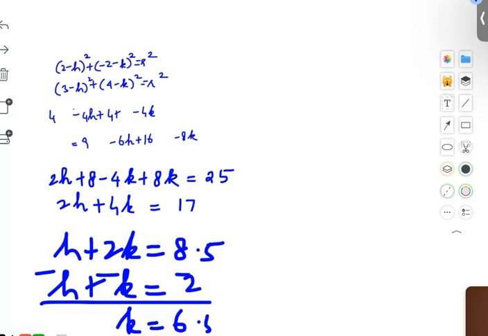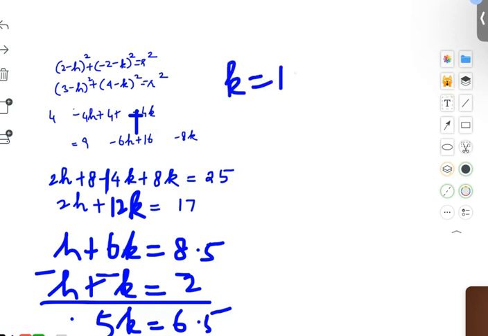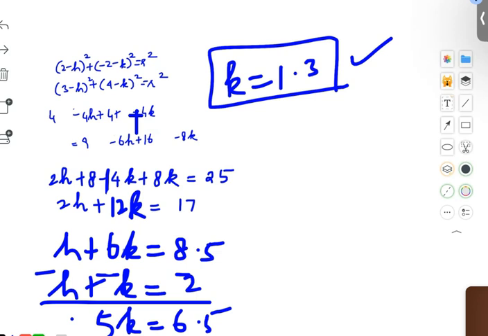No, this is plus 4k and plus 8k. That will be plus 12k. 2h plus 12k is equal to 17. Or h plus 6k is equal to this. So 5k is equal to, yes, I get it. k is equal to 1.3. Got it.